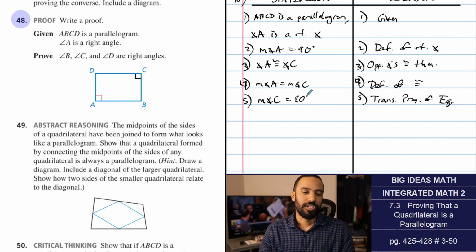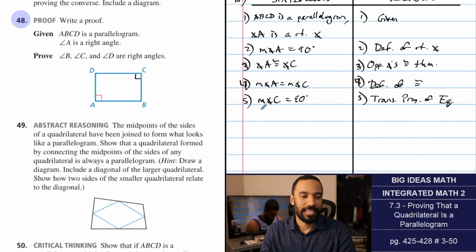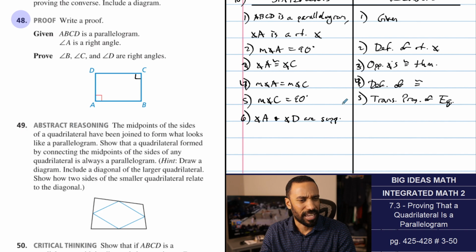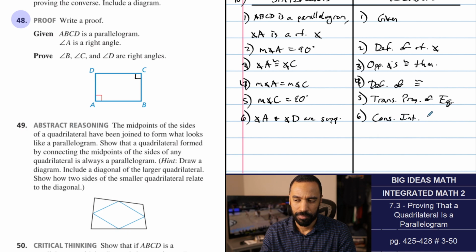Okay, D. A and D are supplementary by the consecutive interior angles theorem. And same with angle B.